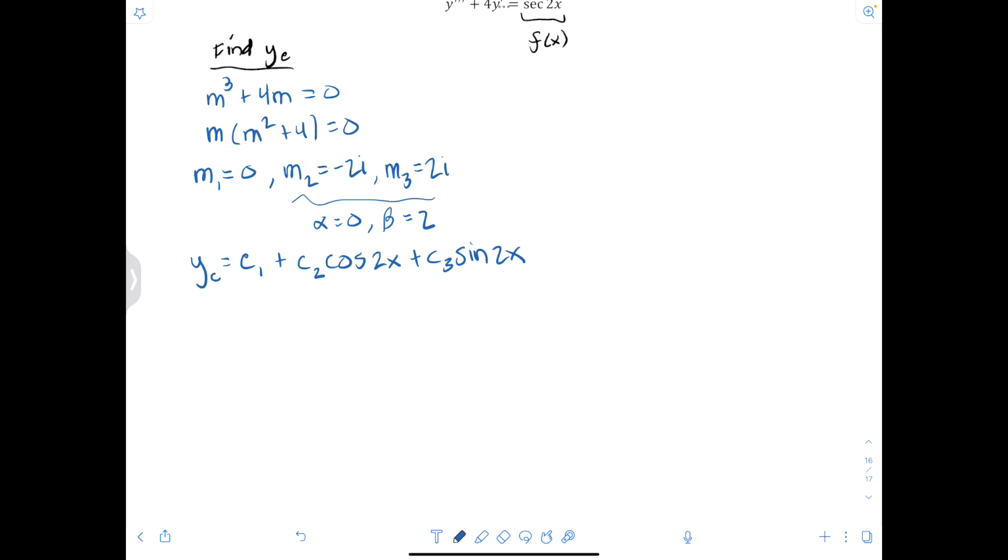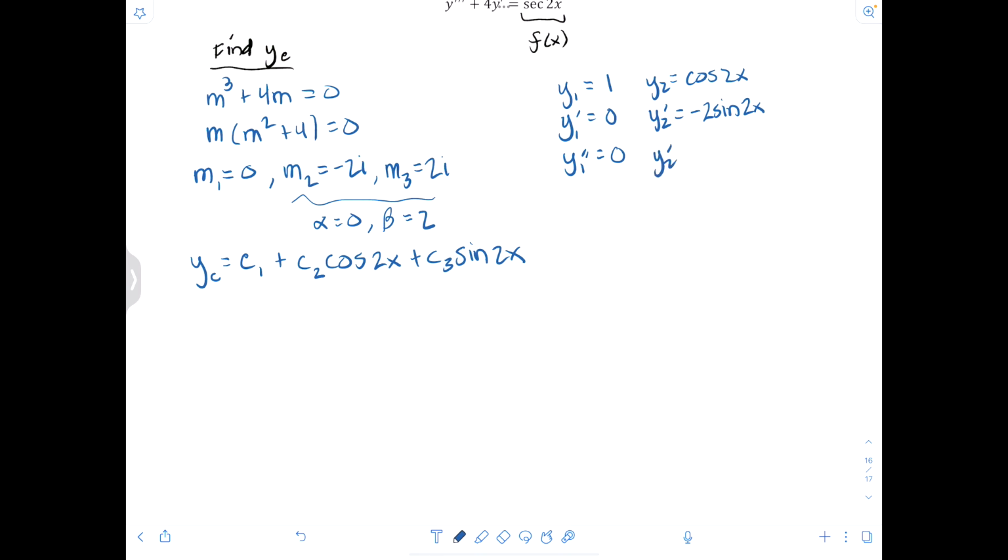Cool? All right. So that's going to give us, of course, that y1 is some constant. Just call it 1. y1 prime would be 0. I'm setting up our Wronskian. y1 double prime is 0. y2 is cosine of 2x. y2 prime is negative 2 sine of 2x.